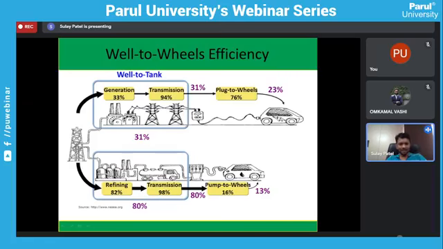From the well we are getting crude oil, and the crude oil is refined at the refineries, and it is transmitted to the petrol pumps, and from the petrol pump or gas station we are getting petrol or diesel to our vehicle.